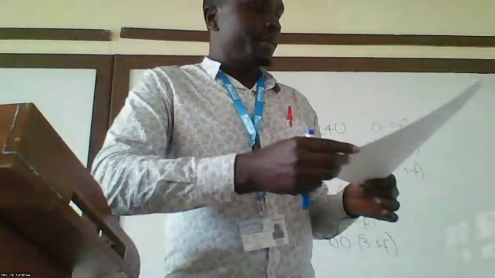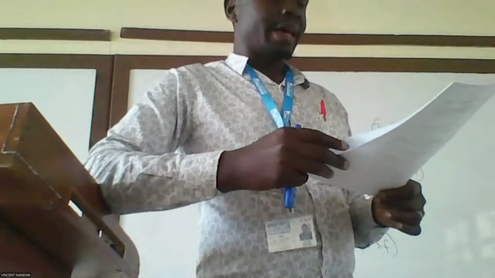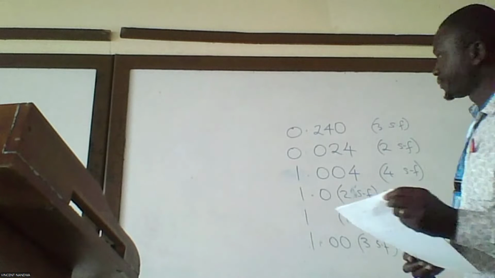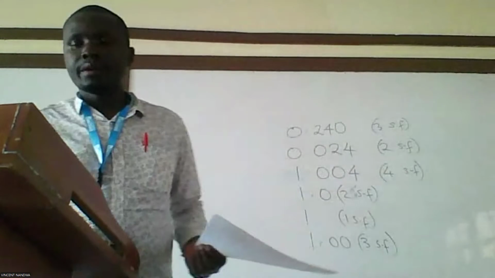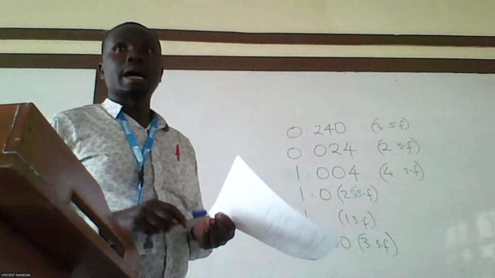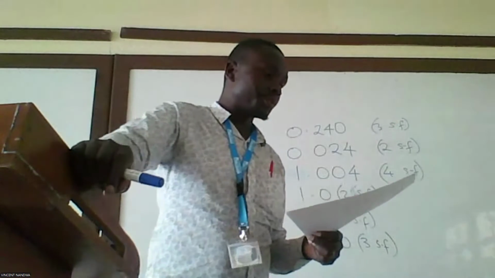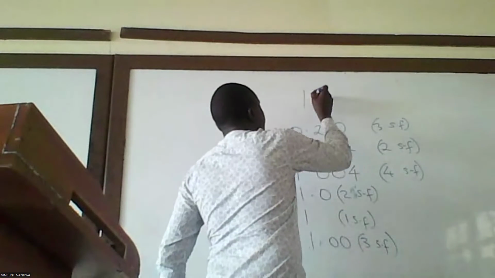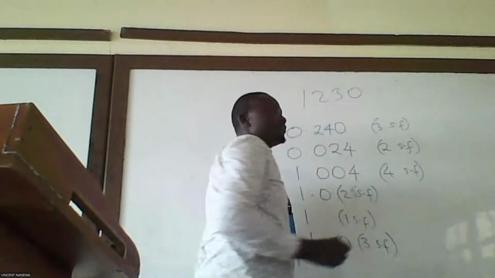Then 3, zeros that are specifically indicated to be significant. Like this number we had 1, 2, 3, 0.